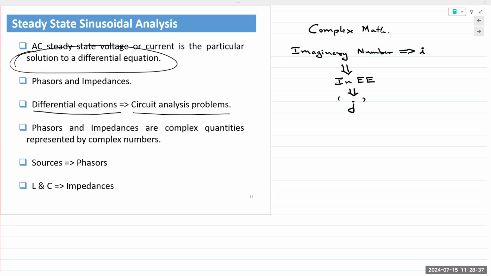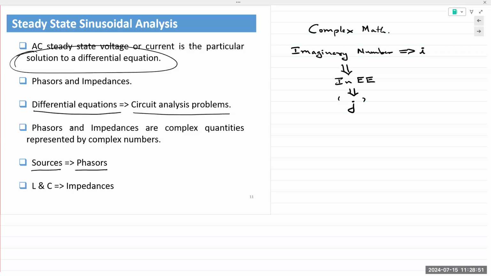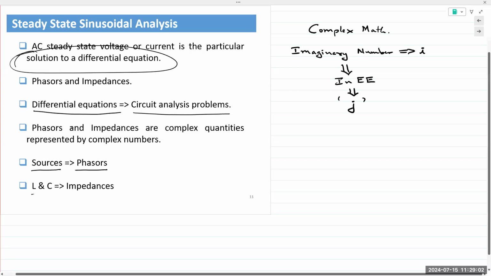Okay, so we're going to learn a bit about the phasor transform. Sources are converted to complex quantities known as phasors. These phasors are not the ones from Star Trek. They're not going to stun you or kill you, but they will scramble your brains on occasion. Then we have our components: resistors, capacitors, and inductors.